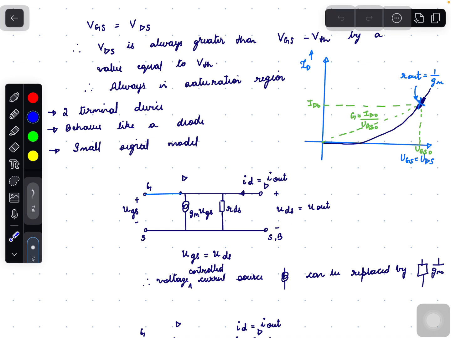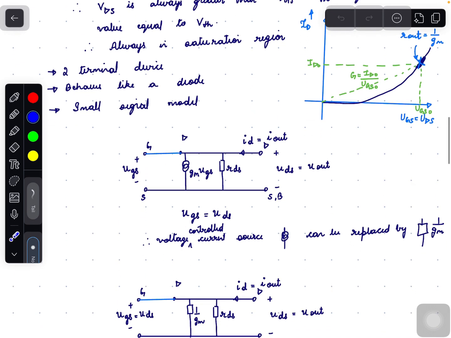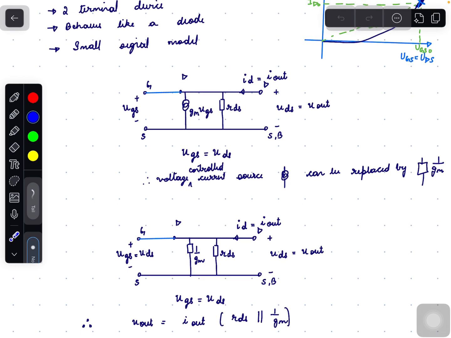Here VGS equals VDS, so we can replace the voltage controlled current source by a resistor whose value equals 1 by gm. So the voltage controlled current source is replaced by 1 by gm, and we have rds.